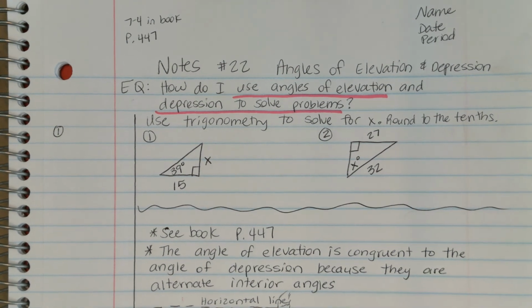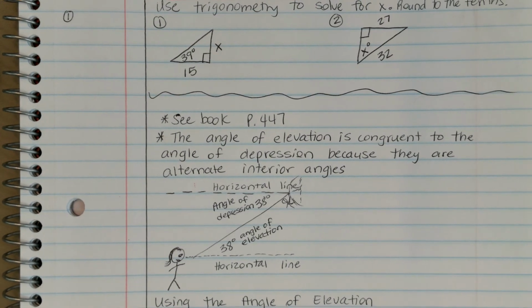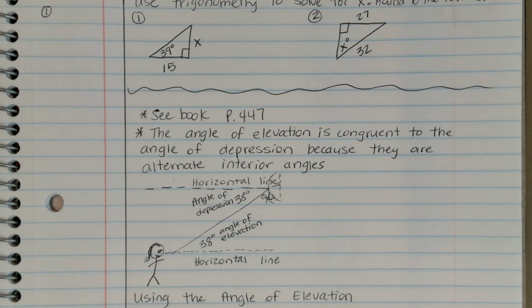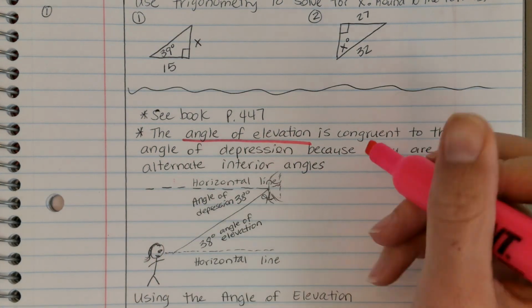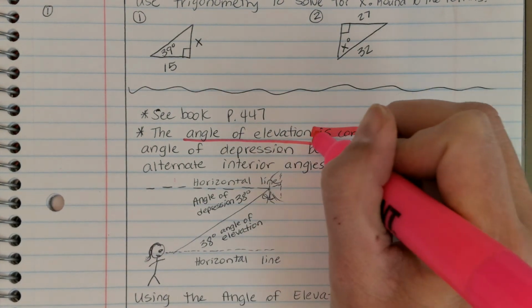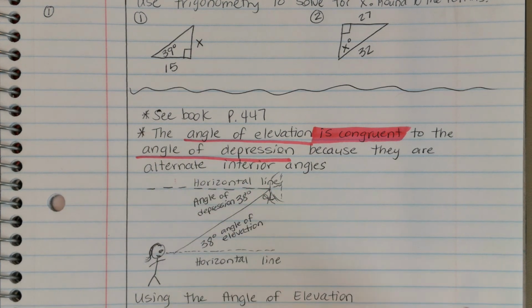So go ahead and copy this. We already looked in page 447, and I just wanted you to write down the key idea from there, which is the angle of elevation is congruent to the angle of depression because they are alternate interior angles.